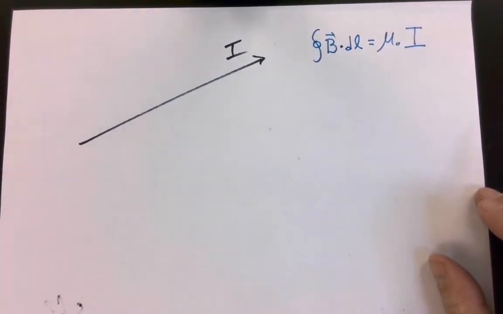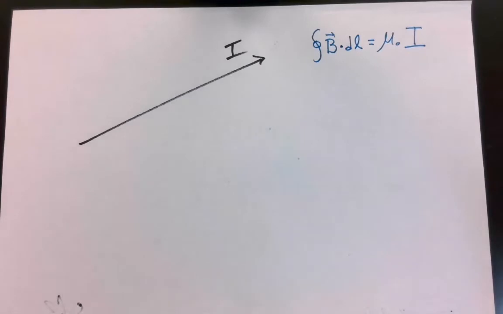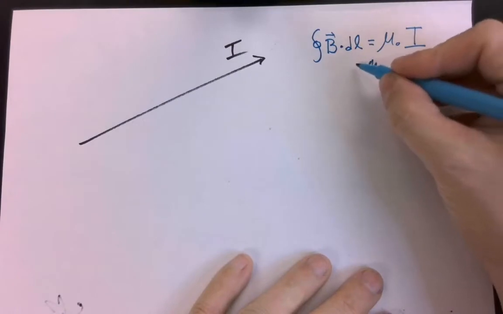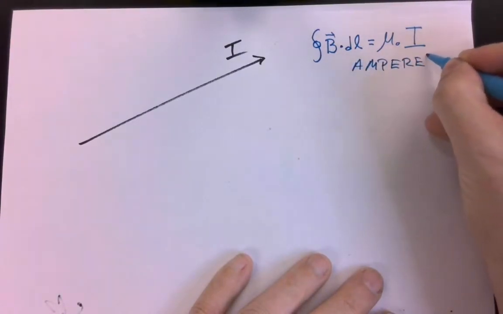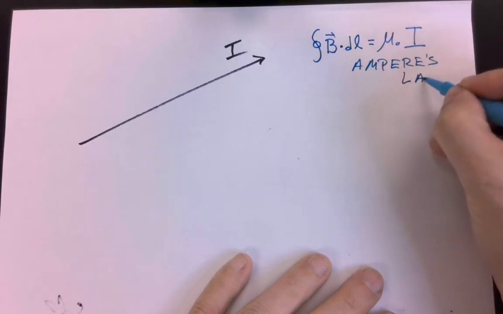There is no real magnetic analog to Coulomb's law because there's no such thing as a magnetic north or south pole that lives isolated, that creates a force field, a monopole field. So the equation that's considered the fundamental equation of magnetism is Ampere's law, sometimes called Ampere's circuital law.